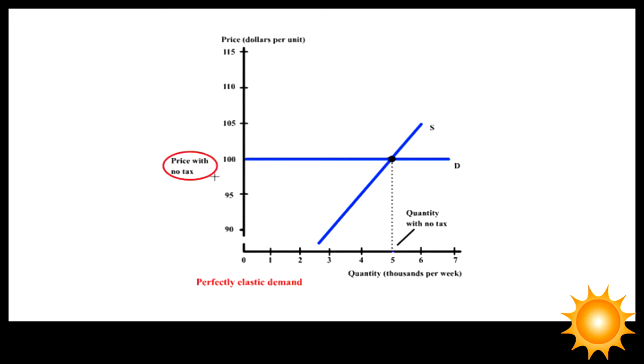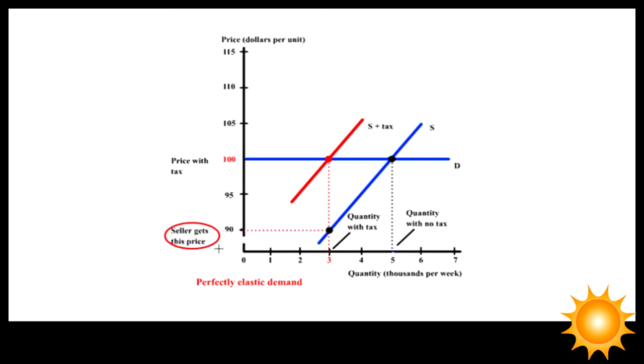Before tax price, $100. After tax price, also $100. But seller gets only this price. Essentially, sellers end up paying the full share of the per unit sales tax.